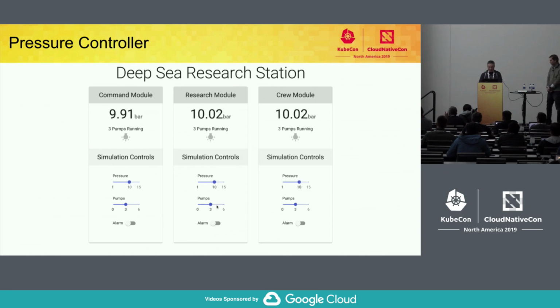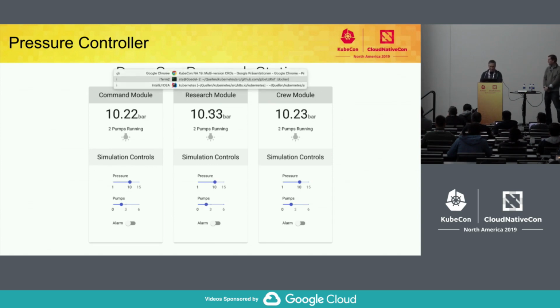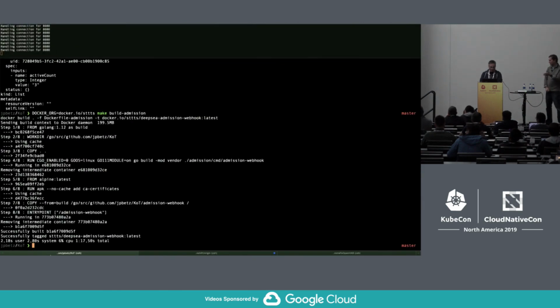This logic which sets the pumps is part of the controller. At the moment it's empty, so there's just a to-do there. If you go into the controller and find the pressure reconciler, there's just a little unimplemented function. If you implement that, you'll actually see that you're controlling how many pumps are running at any given point in time. It's a good exercise to do here at the end.